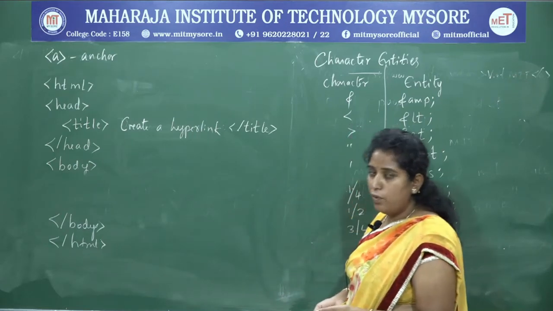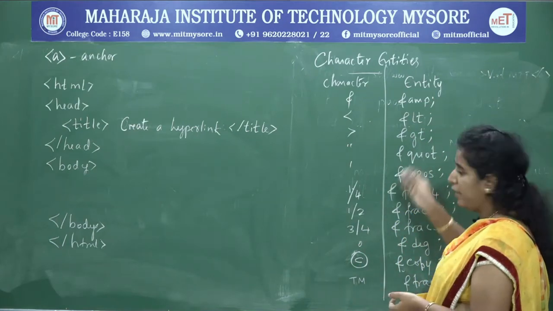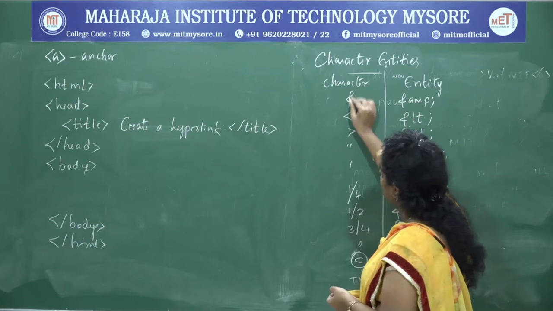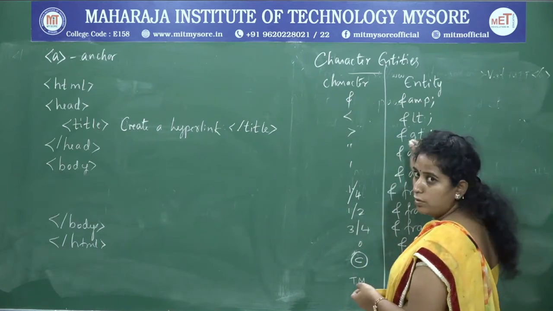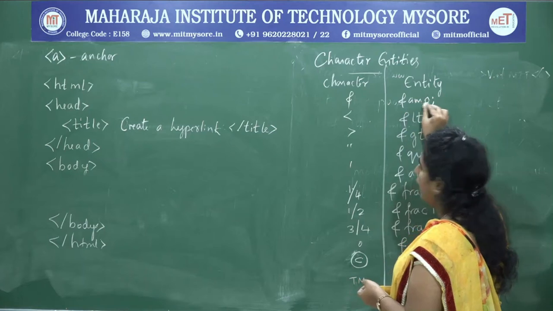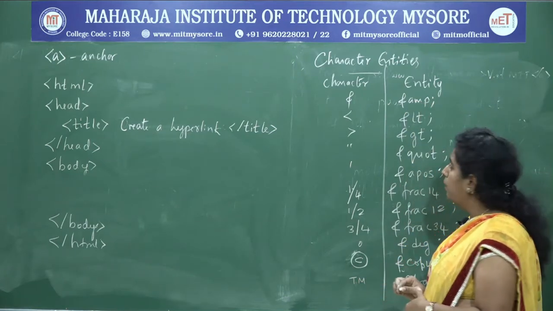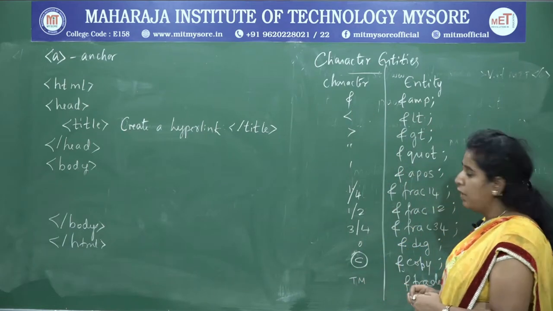Okay. So for such types of characters, we have certain entities. For example, I want to print ampersand, that is the address operator. So how would I use it? Ampersand AMP, and it has to be ended by a semicolon. By that time, this character gets printed on the screen.